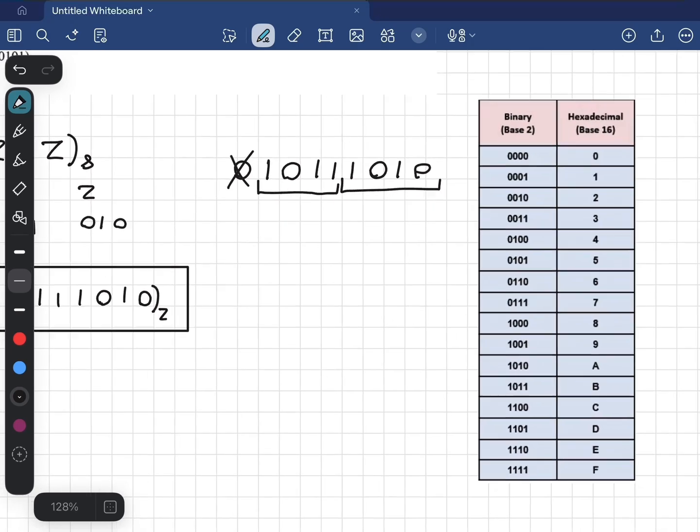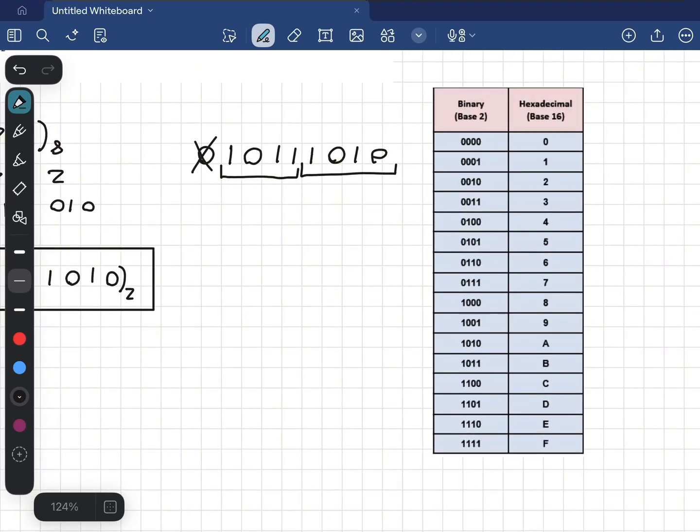We don't have to worry about that. Starting with the first term here, we have 1, 0, 1, 0. This becomes an A. And we have 1, 0, 1, 1. This becomes a B. So our final answer in hexadecimal form for this will be BA.